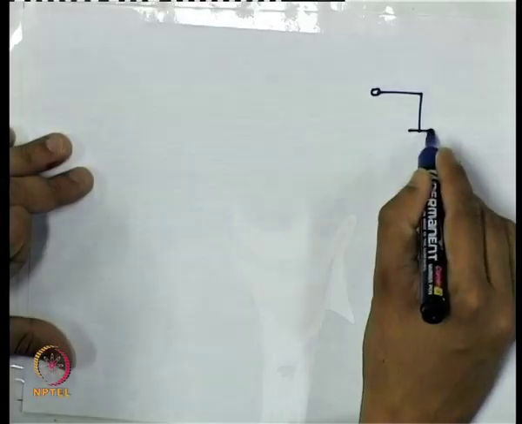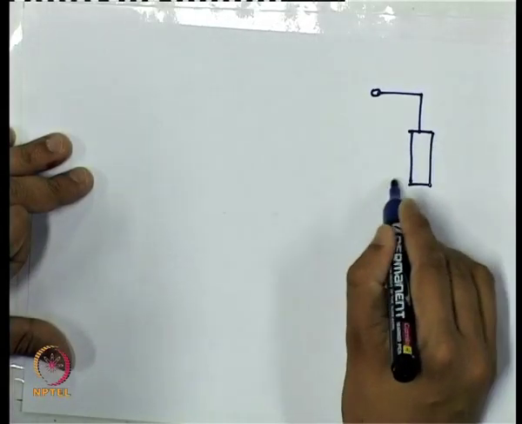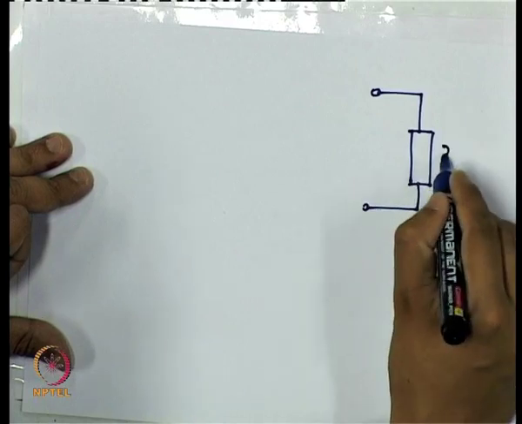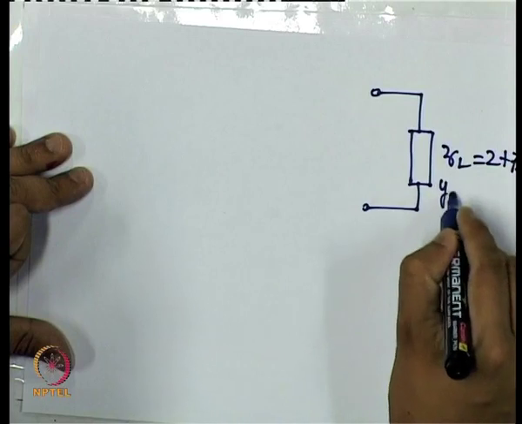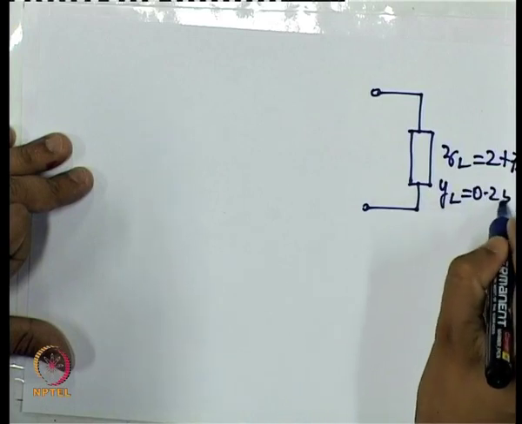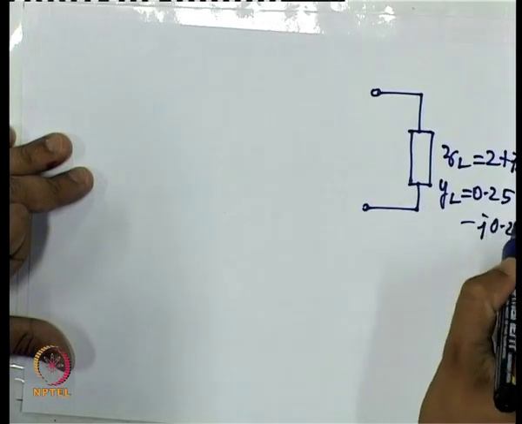Just to summarize the whole process, I have a ZL, which corresponds to a YL equal to 0.25 minus J 0.25.